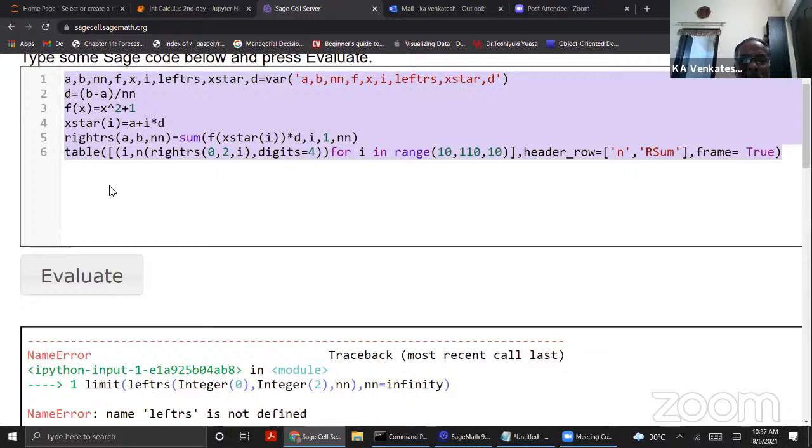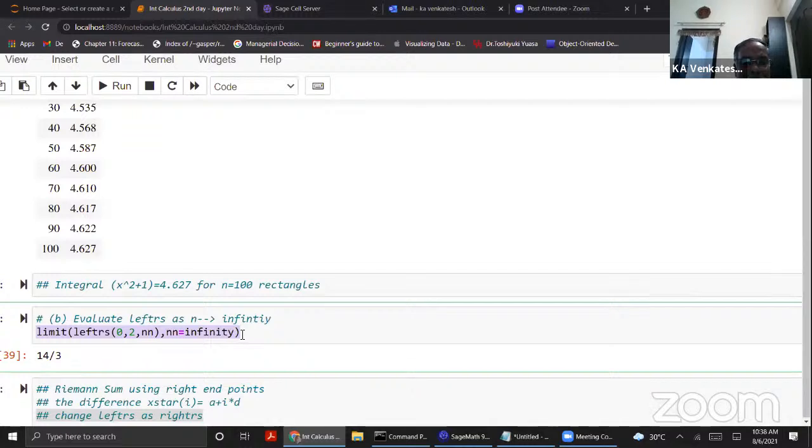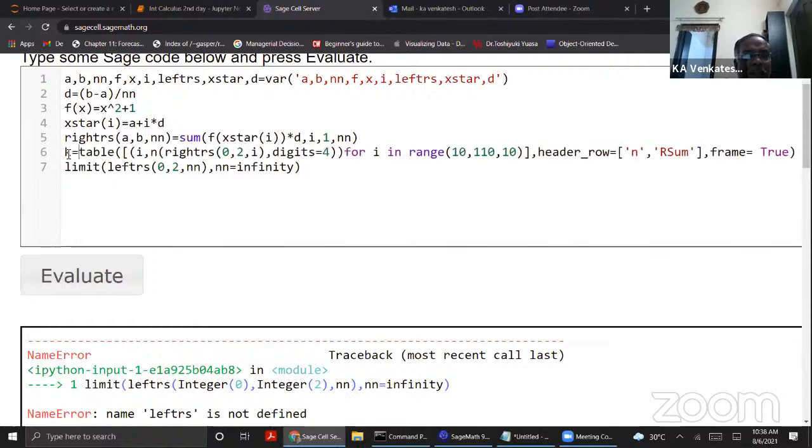Now I want to store RNSS. Suppose you want this table as well as this value, what you can do is store the table in a variable.